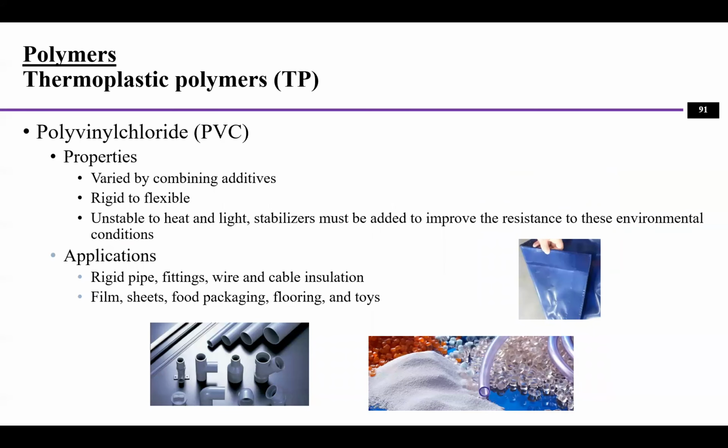And PVC is a very common industrial material used for pipes and fittings, because it has really good properties: hard, rigid, unaffected by heat, and also light, right? Very stable material.